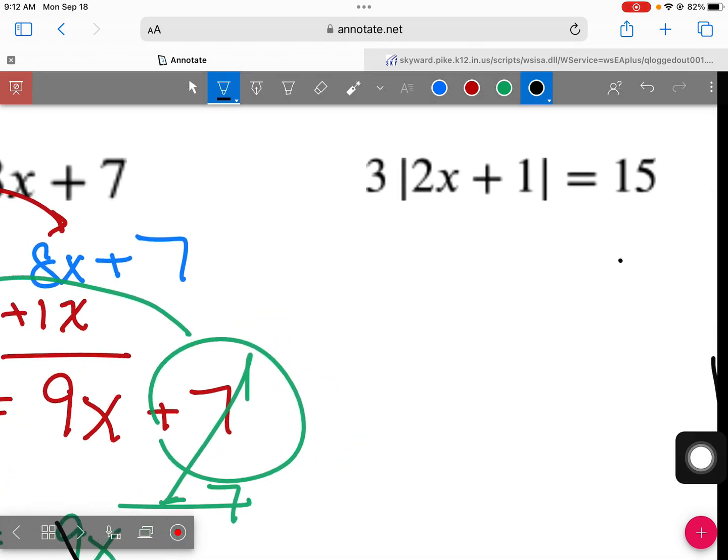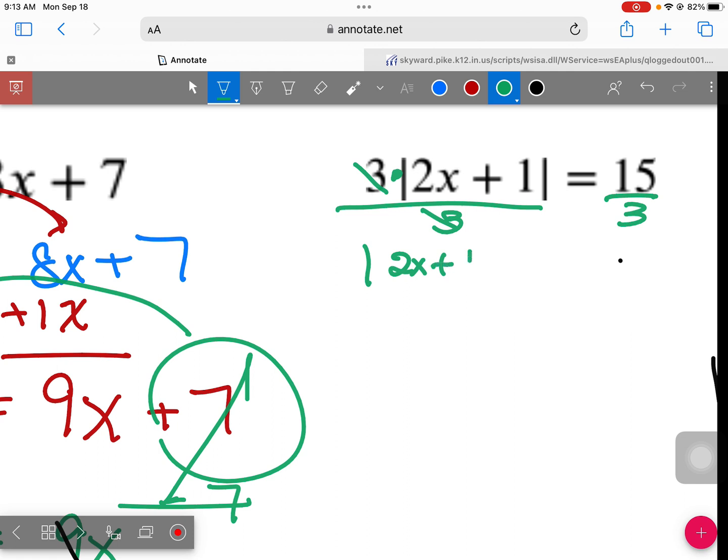So what operation is happening between 3 and that absolute value? Are we adding, subtracting, multiplying, dividing? Right now we're multiplying, so we will divide. Maybe that's what you were thinking. So I need to undo that multiplication by dividing. The 3's simplify out. I get the absolute value of 2x plus 1 equals 15.